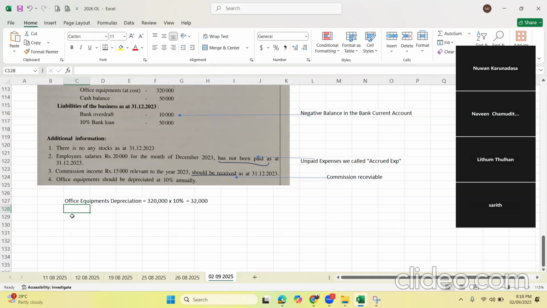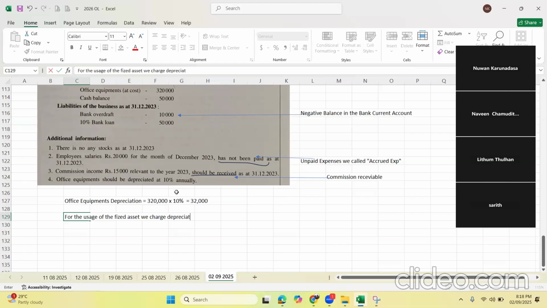For the usage of the fixed assets, we charge depreciation. Depreciation is an expense, right?